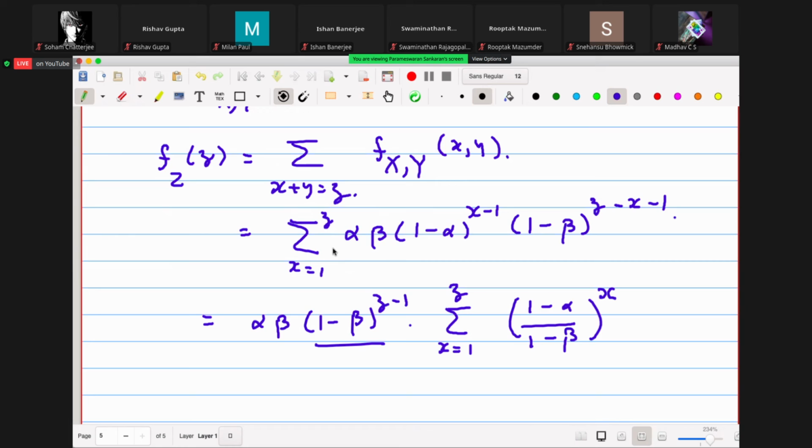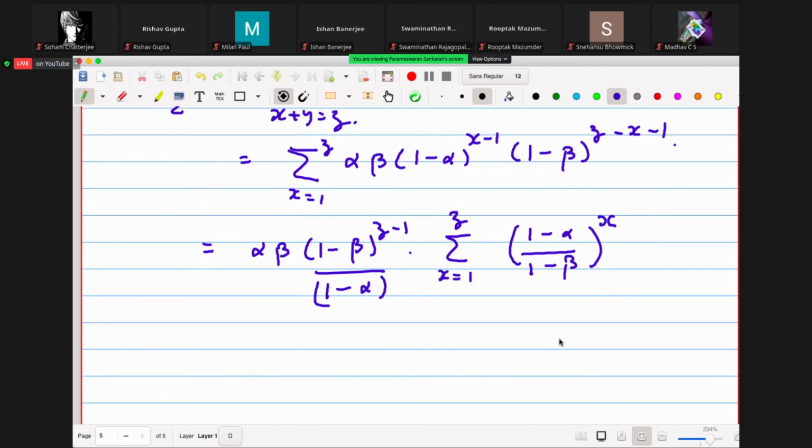This needs a slight adjustment. When I write this x here and 1 minus beta here, I have taken care of this exponent properly. But this one, I think I should write here 1 minus alpha. And now you simplify this. This is a geometric series and it's almost there. You will get the correct answer when you do this.